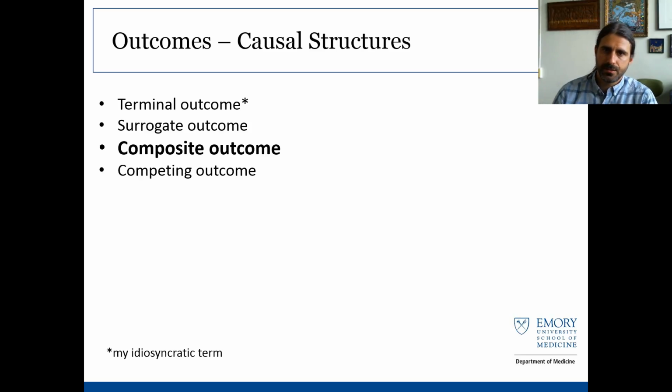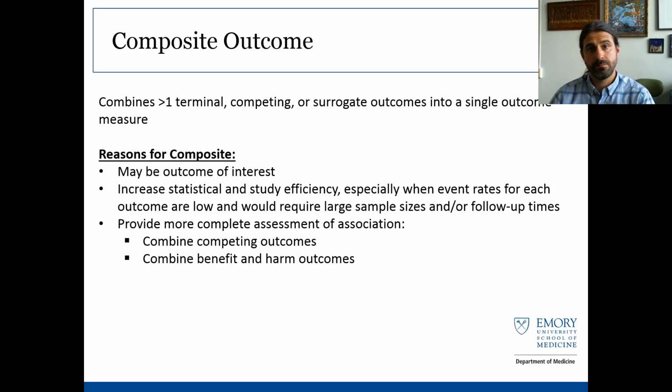So I come back to composite outcome, primarily because a composite is an outcome that combines one or more of these other outcomes into a single measure. Sometimes that is the outcome of interest and what you want to study.